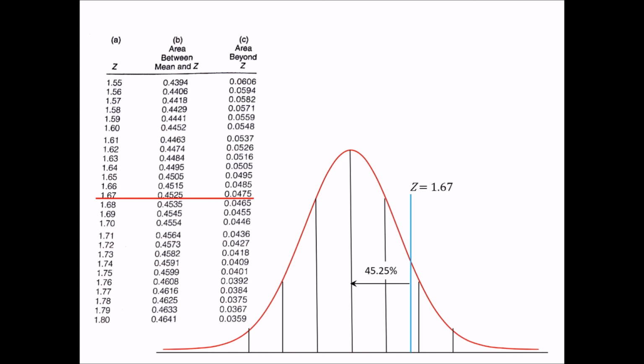So what we could do to find our percentile here is add 50% to this number. Another way to do it is that column C is telling us that the percentage of scores above our score is 4.75. So another way to do this is to subtract this number from 1, because we know 1 is the entire population of scores. And that's what I typically do when I have a positive z-score like this: I take 1 minus the area beyond.